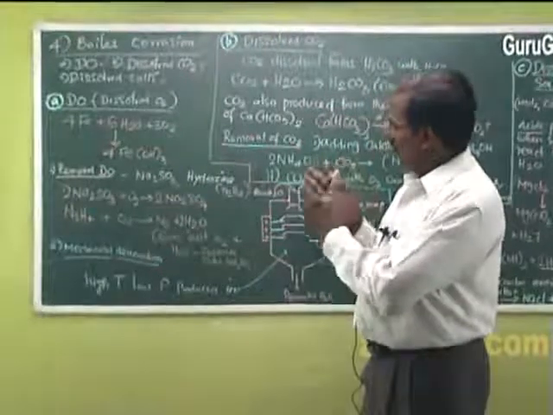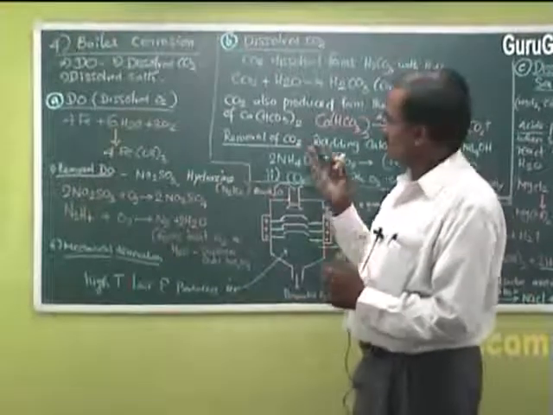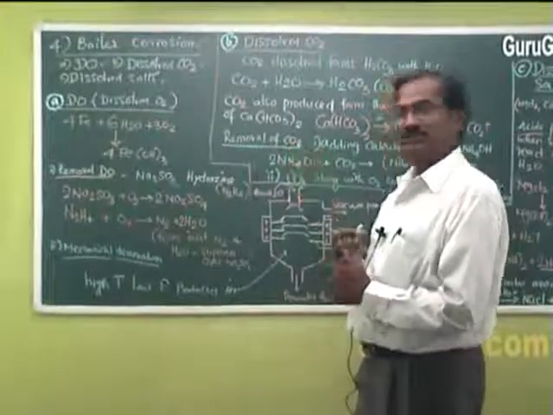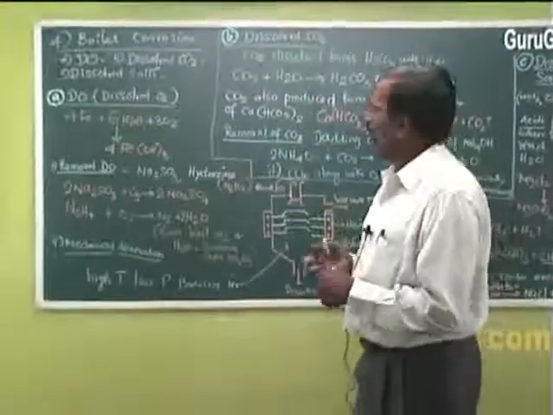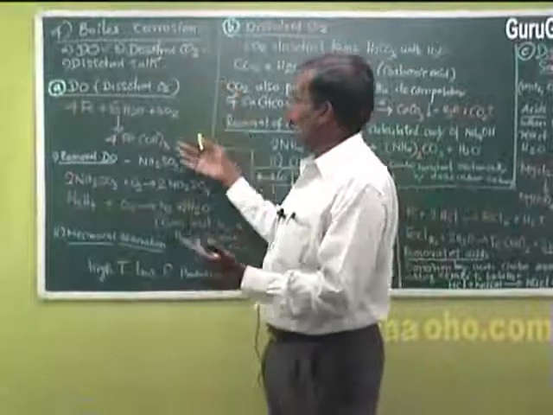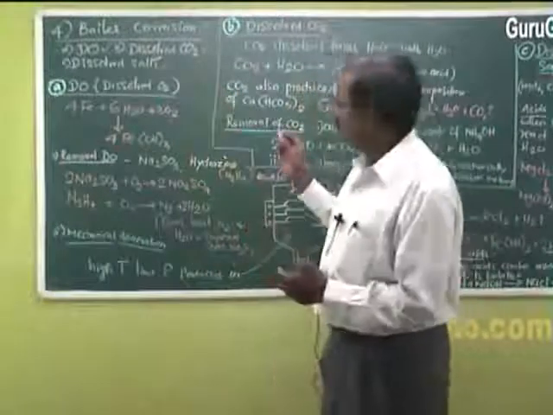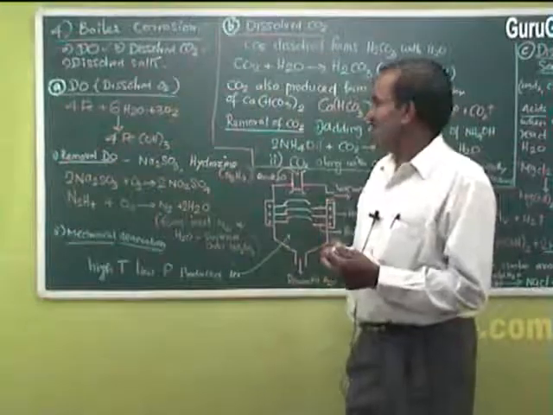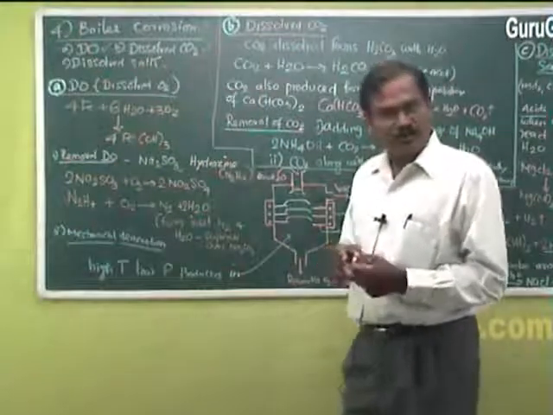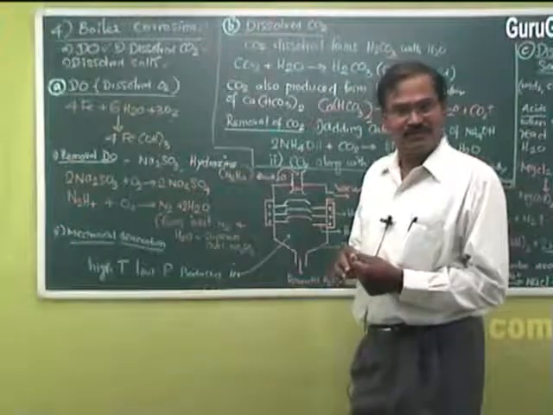So how to avoid this corrosion in the presence of oxygen? Very simple: since you are having dissolved oxygen, there is boiler corrosion. Once we remove the dissolved oxygen, there won't be any boiler corrosion due to it.